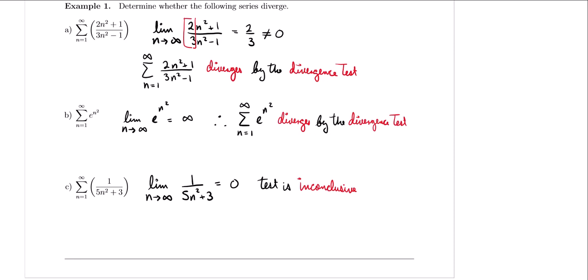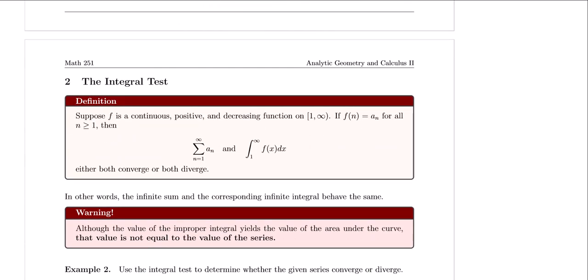Alrighty. So now, actually, one of such techniques that might work is the integral test. The integral test works in the following way. Suppose that f is a continuous, positive, and decreasing function on the interval from 1 to infinity.